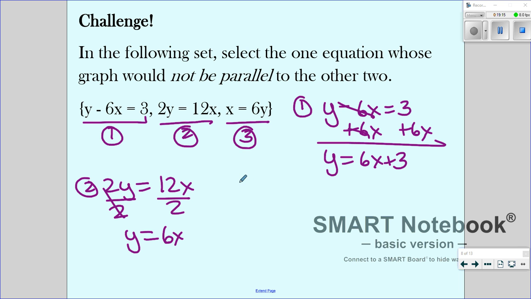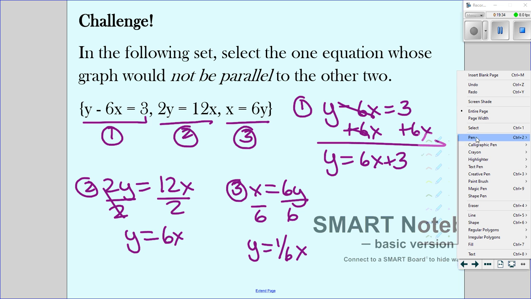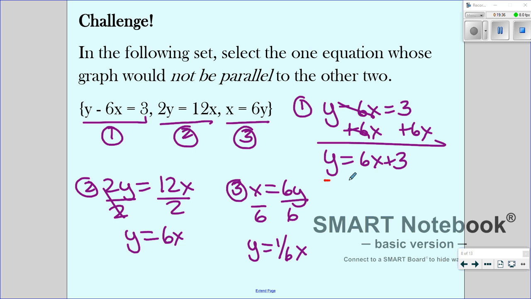That's for the second equation. And then for the third equation, it says x equals 6y. I need y by itself, so I need to divide 6 on both sides, so y will equal 1/6 x.